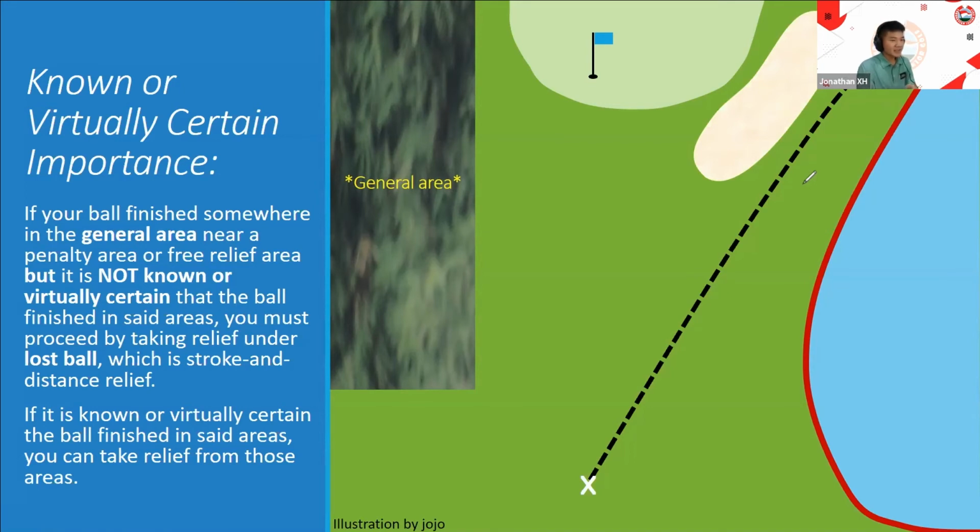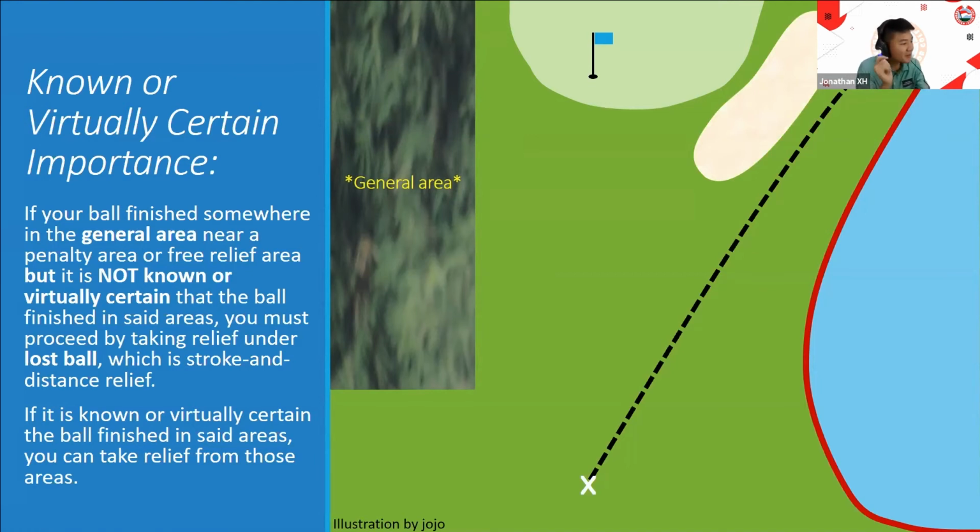So let's say the junior says, oh, I hit my ball over here. Now, we don't know where it ended up, but we hit it here. And then the referee will ask, where did the ball end up? And then you'll say, we don't know.